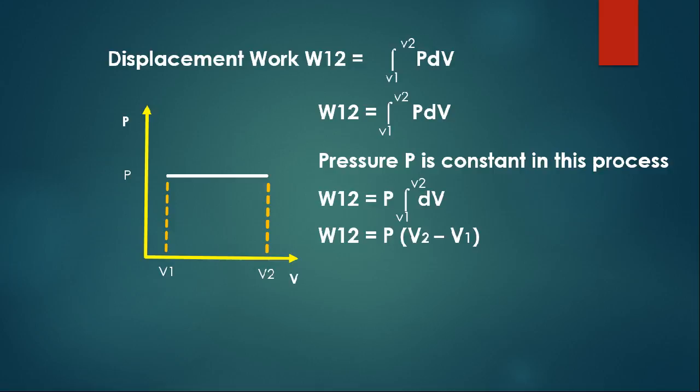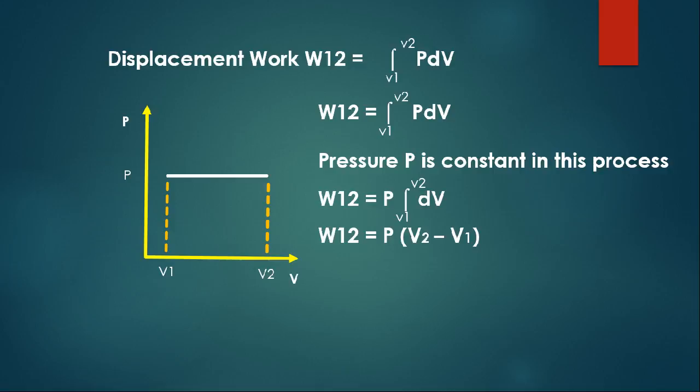So what does this equation mean? Look at the figure here. P is on the y-axis, so with the orange dotted lines and the yellow process line, it forms a rectangle.